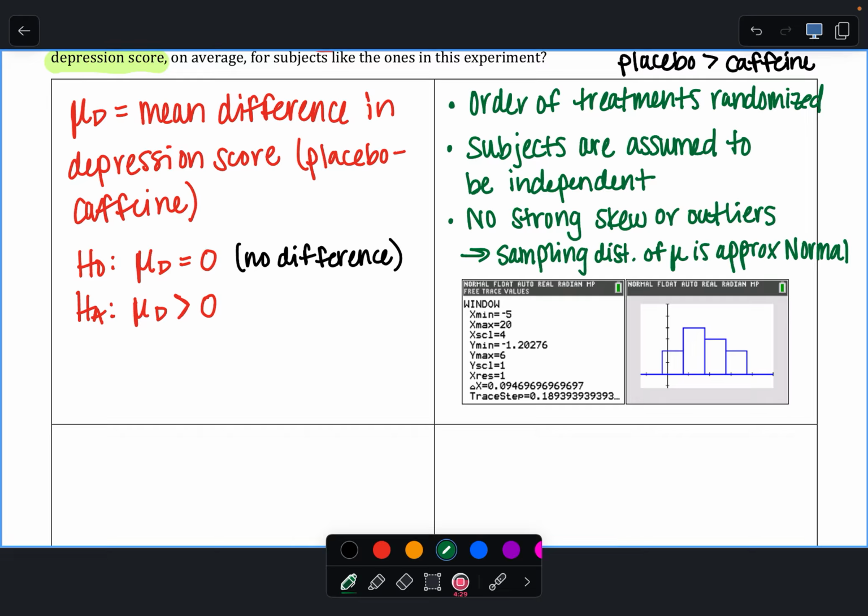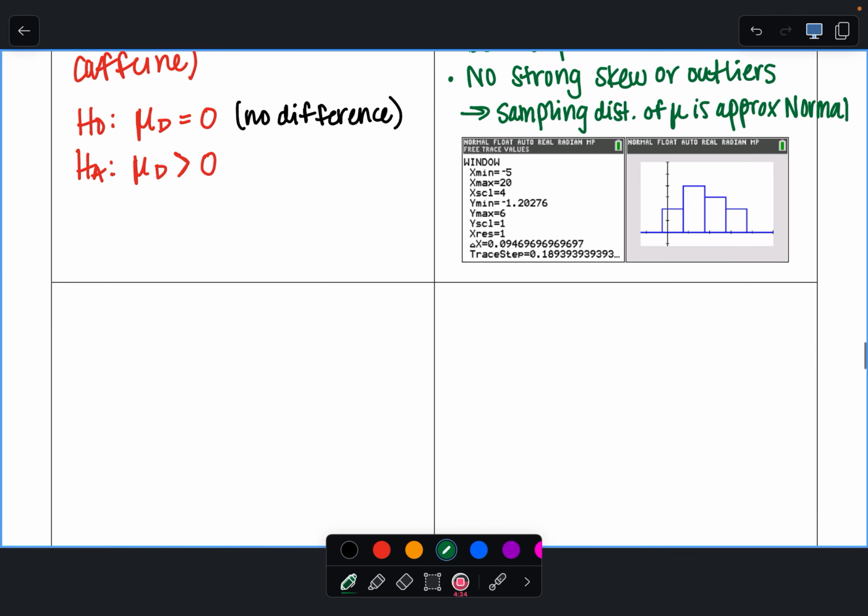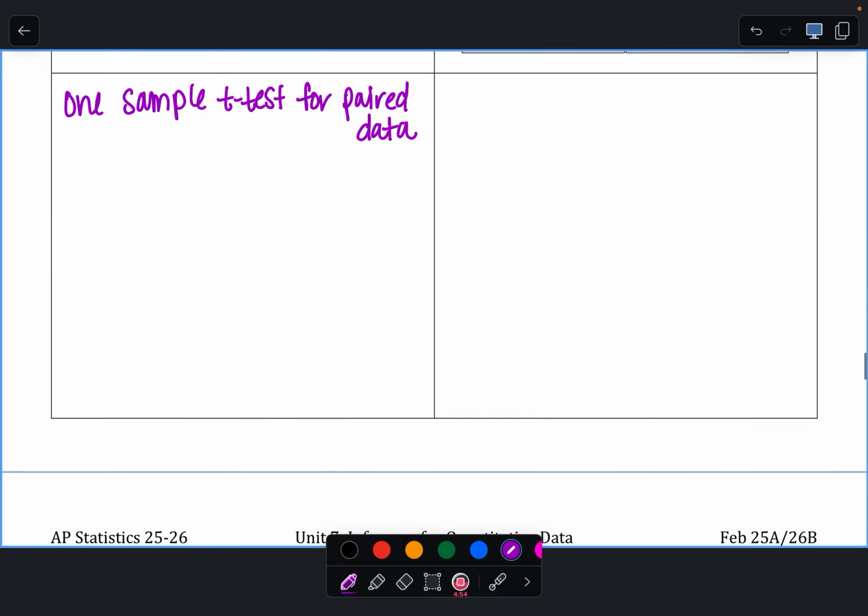If you only have data, it's probably in your best interest to just run the test in the calculator. So I'm going to write a 1 sample t-test. Here is the change, it's going to be for paired data. And then I'm going to jump to the calculator.